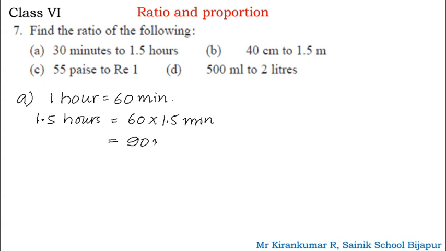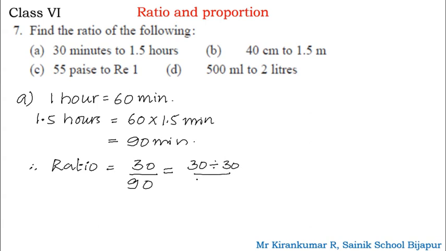We get 90 minutes. Therefore, the required ratio is 30 upon 90. These two numbers are divisible by 30. We get 1:3.